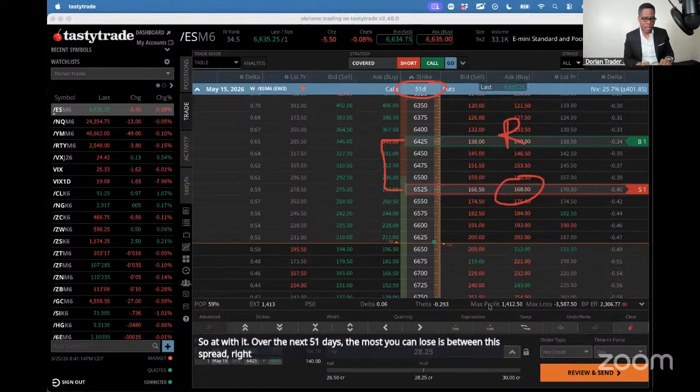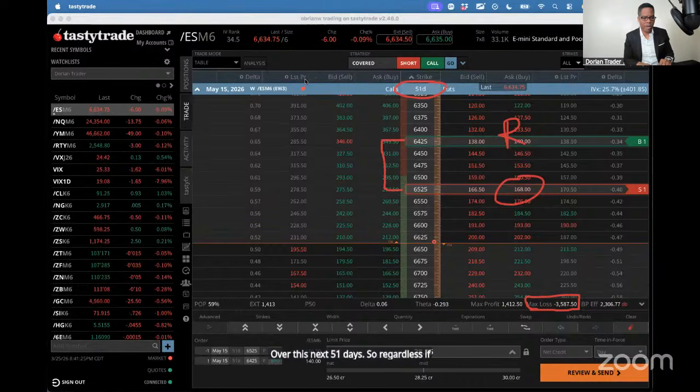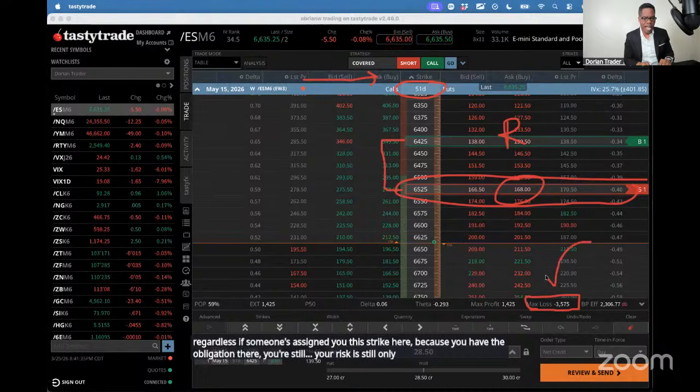In this example, I just picked these numbers, you guys, the most you can lose is 35.87 over the next 51 days. Regardless of whether it drops all the way down here, or someone assigns you this strike here because you have the obligation there, your risk is still only 35.75.